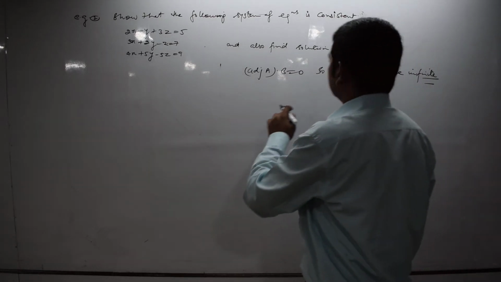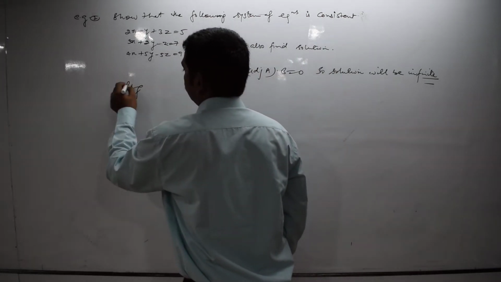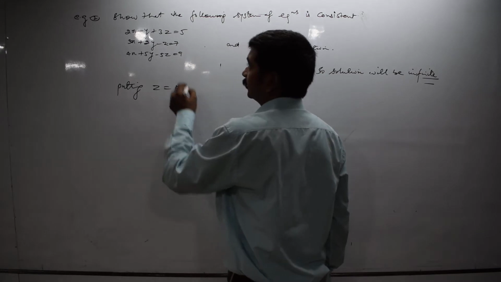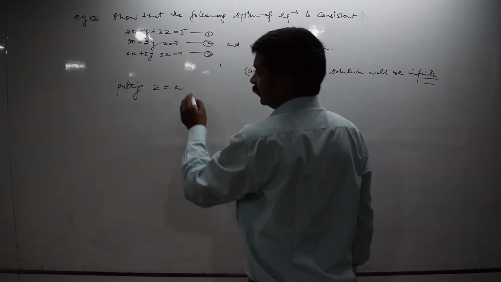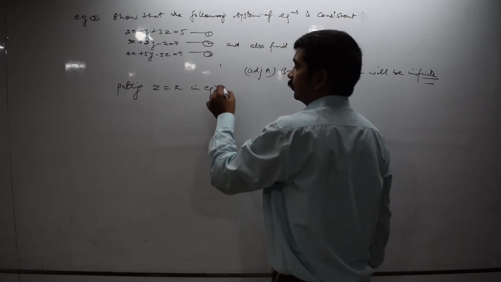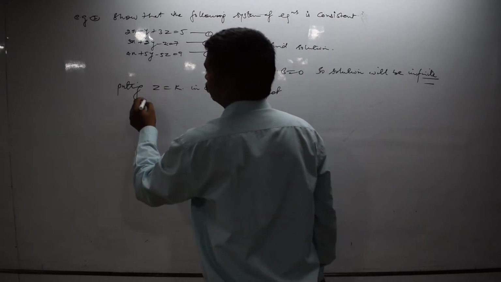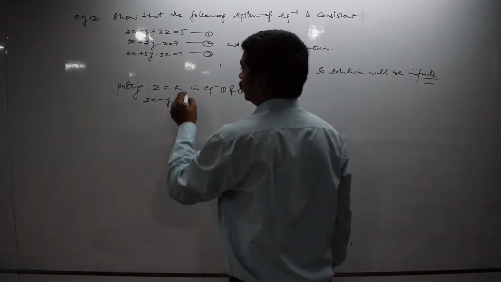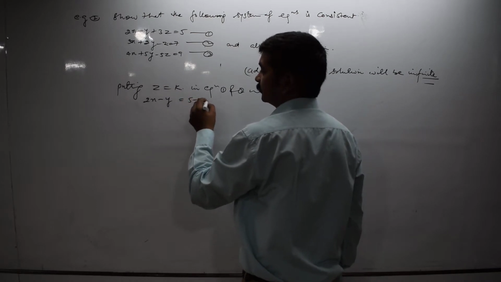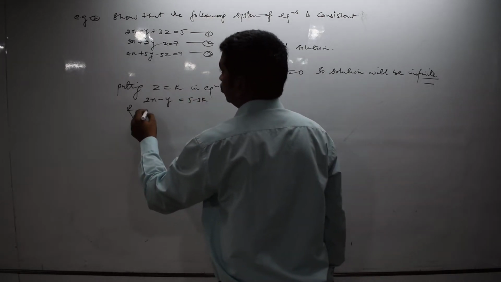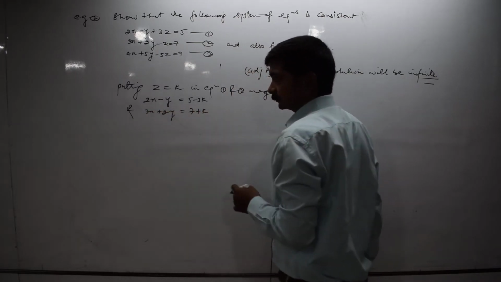Now for infinite solutions, as previously, we suppose that variable z equals k, putting z equals k in equations 1 and 2 we get 2x minus y equals k minus 5 minus 3k, and 3x plus 2y equals 7 plus k.